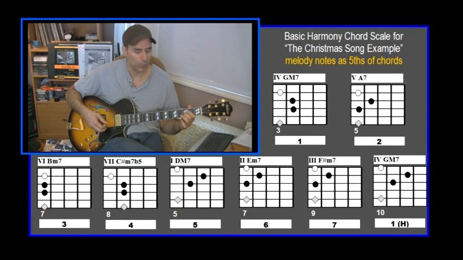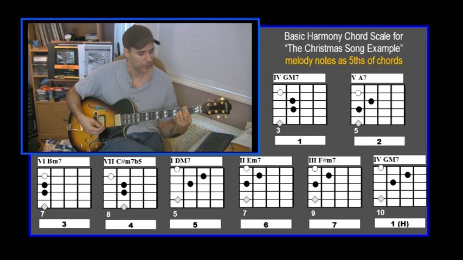So we have that one note placed as a third. I can place that as a fifth. It's right there on the second string, third fret. If I want to place it as a fifth of a chord, I know I'm going to use the E form to do it, because the E form carries its fifths on the second string. Played in this form right here. Carries that D note, the one melody note, as a fifth of this chord.